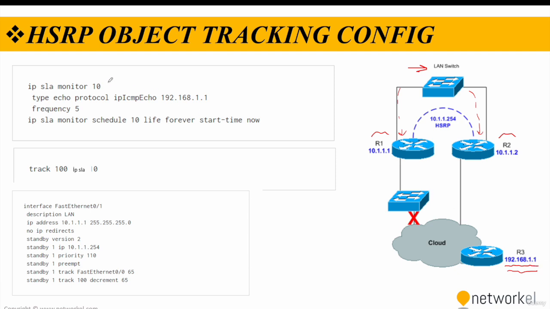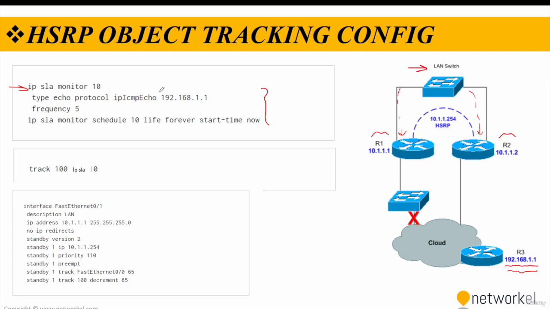What I mean is, you go ahead and type this command: ip sla monitor 10 and then type echo protocol ipIcmpEcho, and so on, frequency 5. Okay, what I'm doing in here, I am creating one SLA monitoring.